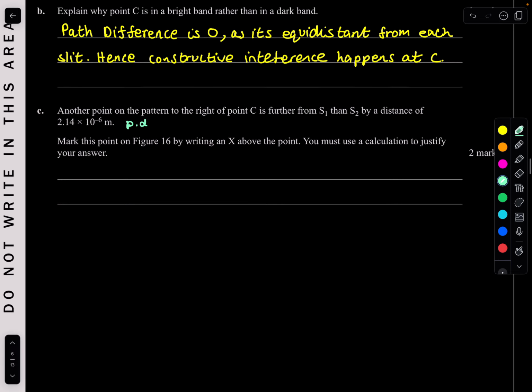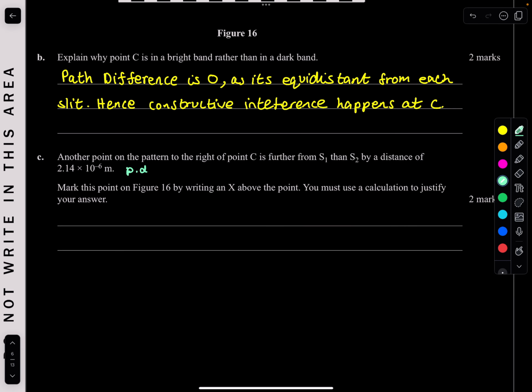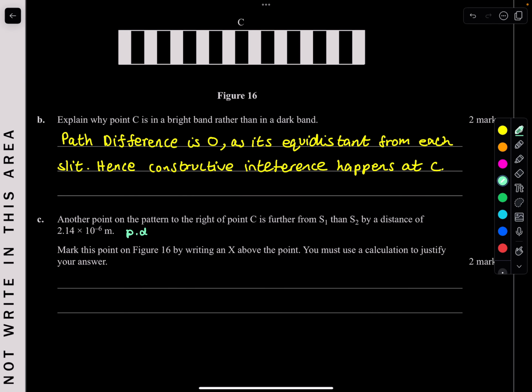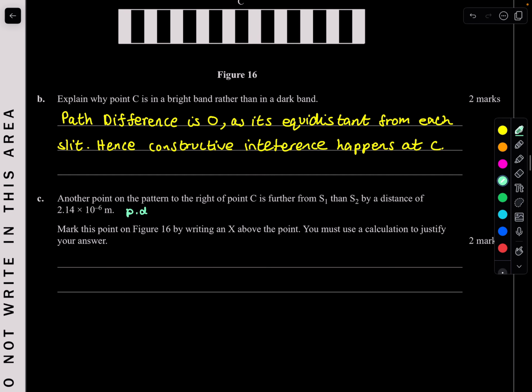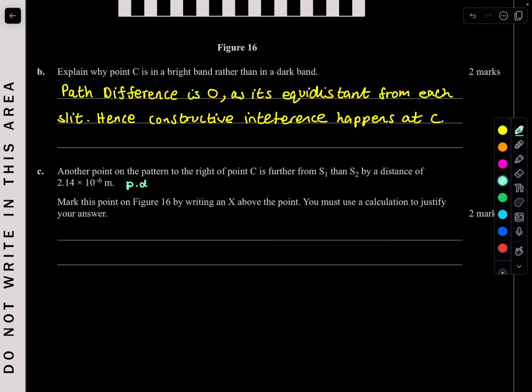Let's do that. Because I know the path difference, it could be constructive interference, so a bright band, or it could be destructive interference. The way I would determine this is by writing two formulas. So this path difference could be constructive interference, or it could be destructive interference.